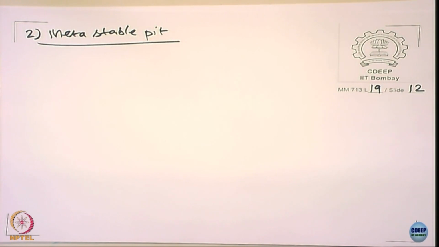You know what you mean by metastable? Anybody? It is between a stable and unstable state, right? In between a stable state and an unstable state is called a metastable state. It can either go to a stable state or it can move to an unstable state. That is called a metastable state.